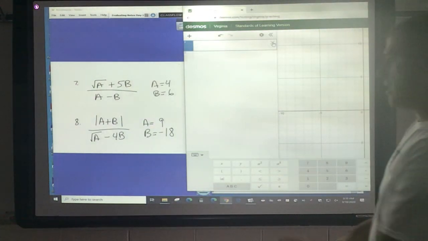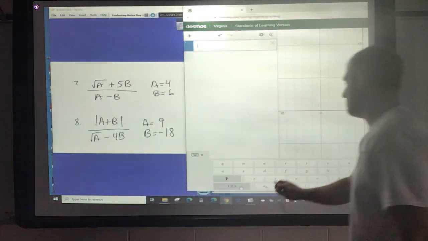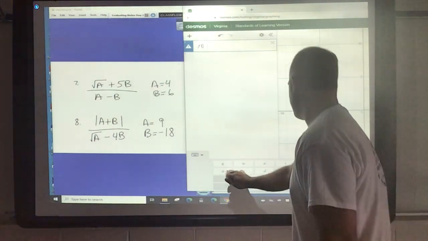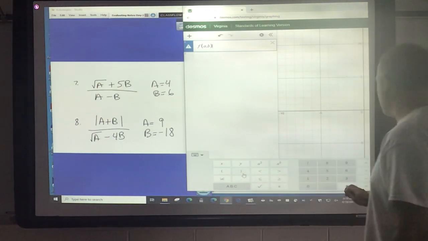So let's go to 8. What I want to do here on 8 is I want to put the function, nothing changes there, parentheses, using A and B, so A, comma, B. Nothing different there, equals.